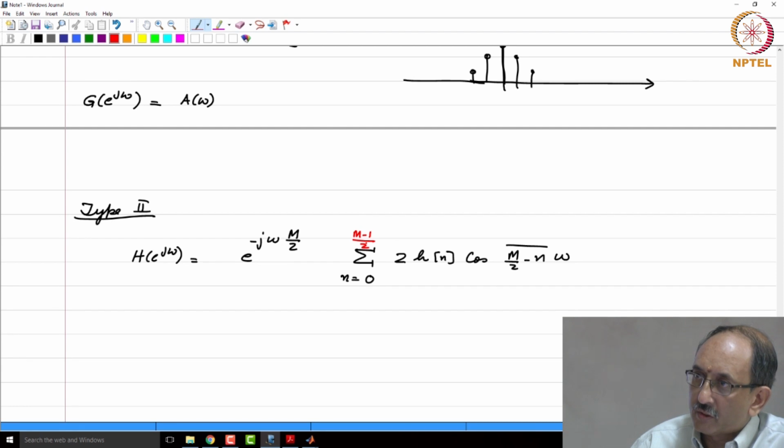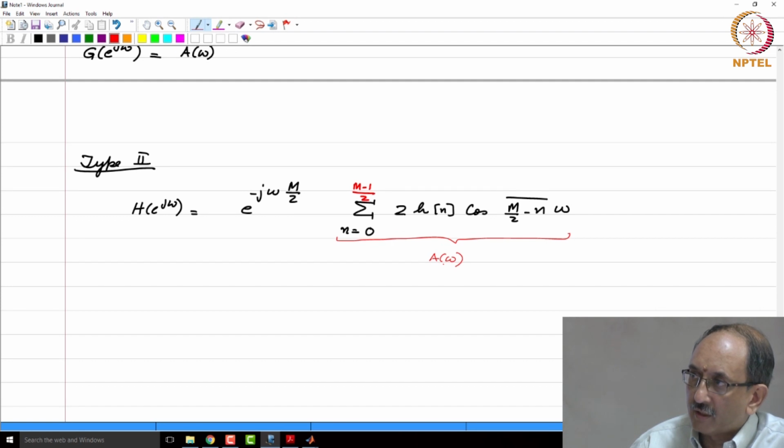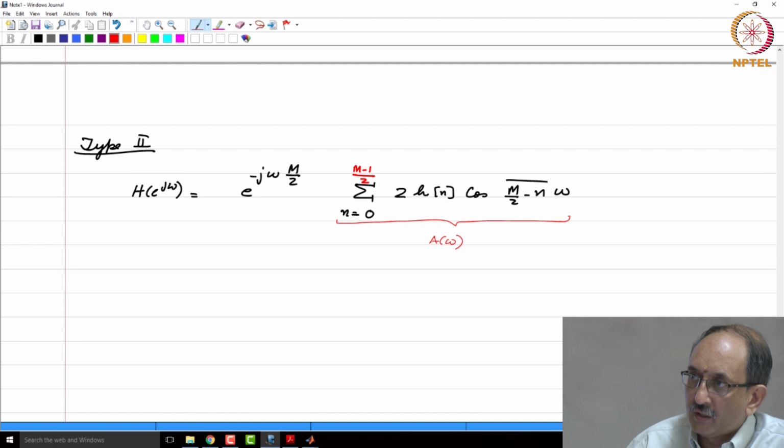So this is the only change. You can think of this as being a of omega, the amplitude response. Is there a filter or a sequence G of n having frequency response a of omega?